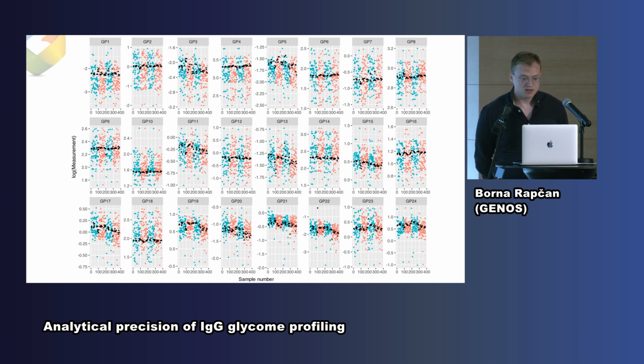As we can see, for most peaks, which are greater in relative abundance, our technical replicates show very, very thin lines, showing that our precision is much better than the rough estimate of biological variation presented in these graphs.